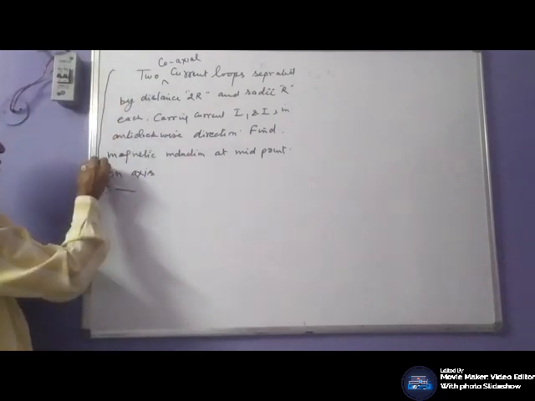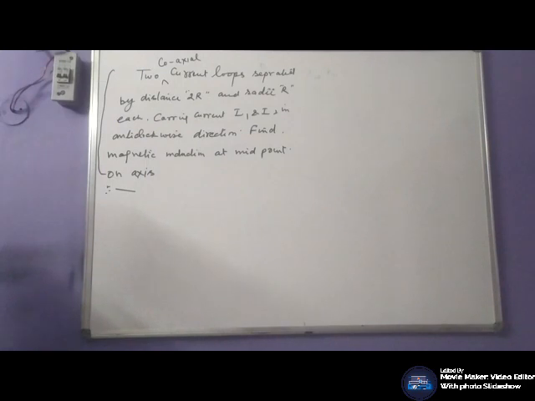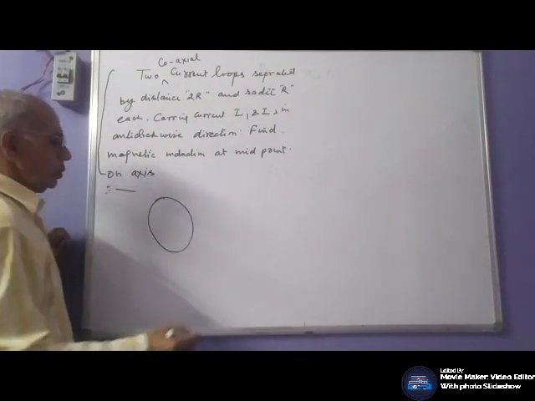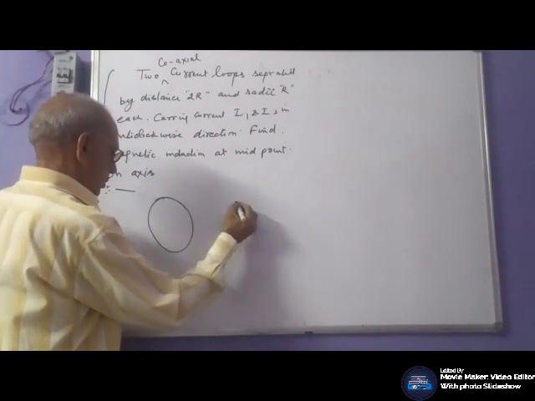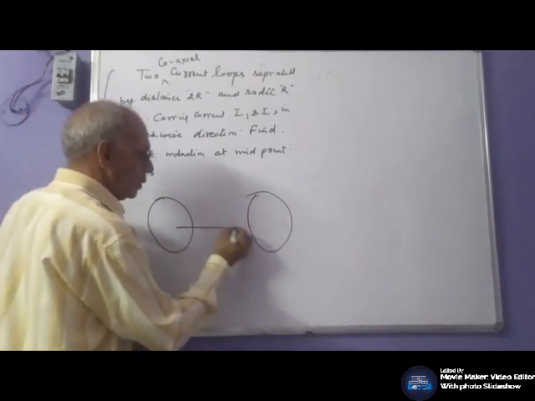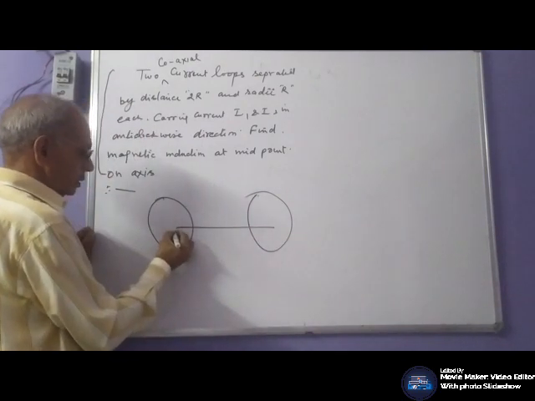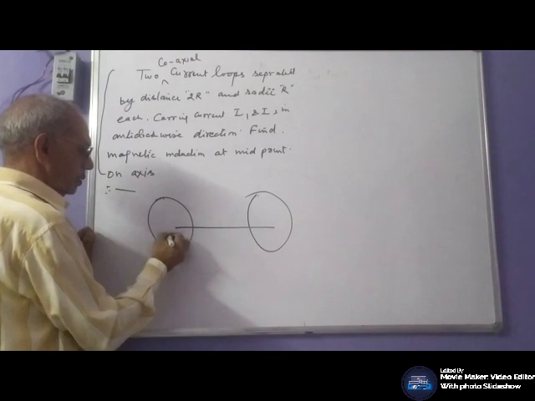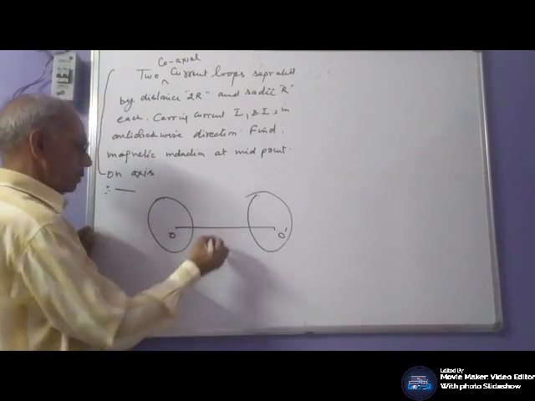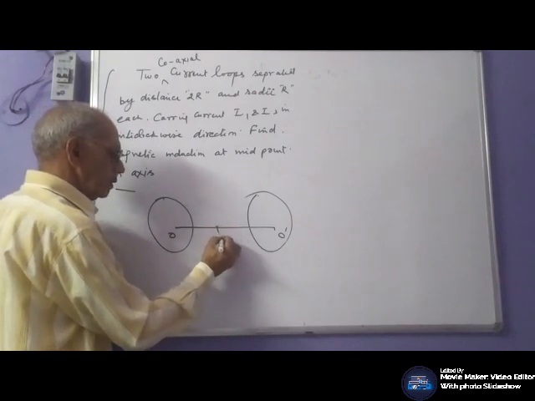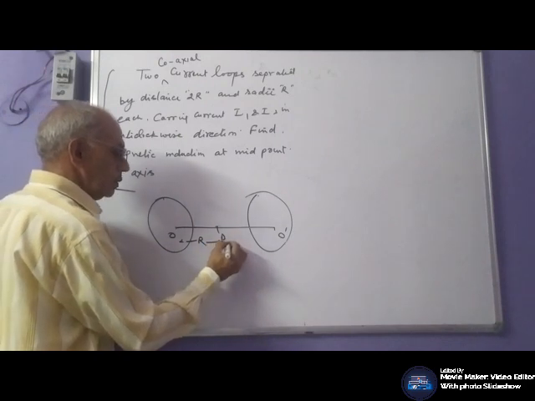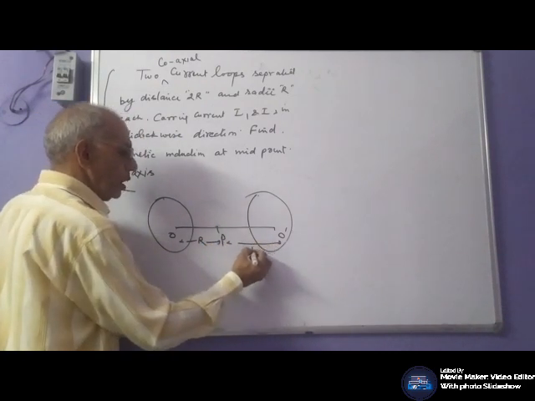So this is the question. This is a loop. This is another loop. These are centers. This is the midpoint. The distance is 2r.